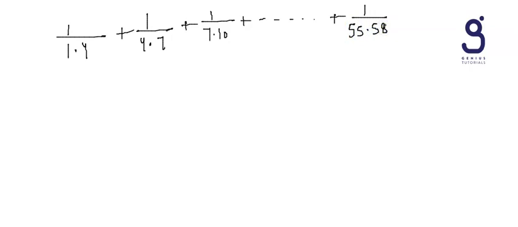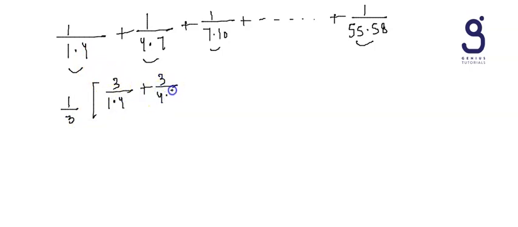Now what we can do here, the common difference between each term is 3. We can multiply and divide by 3, so it will be 1 by 3, 3 upon 1 into 4 plus 3 upon 4 into 7 plus 3 upon 7 into 10, and so on, 3 upon 55 into 58.